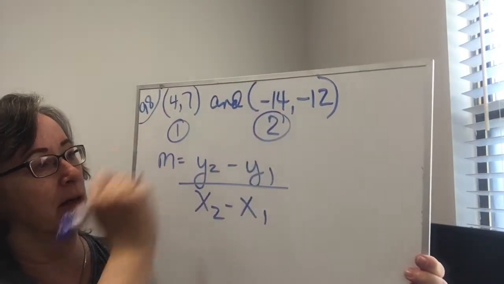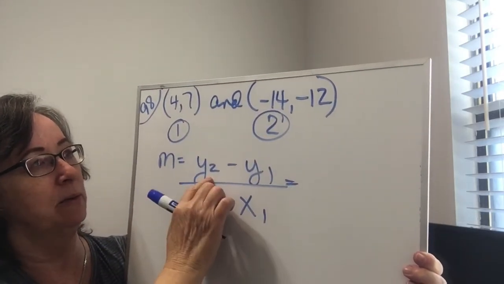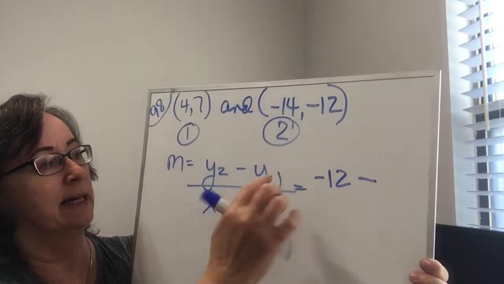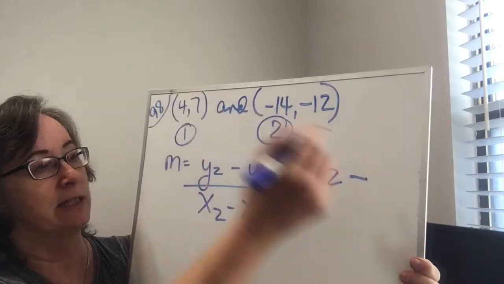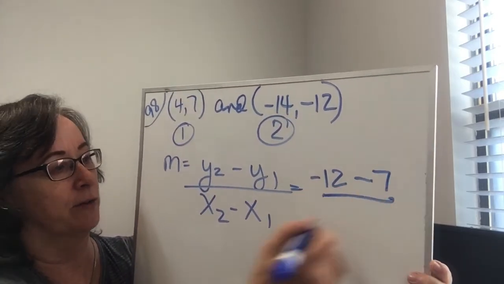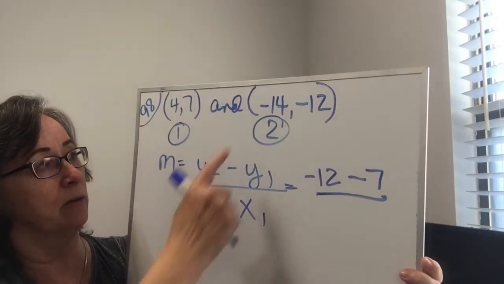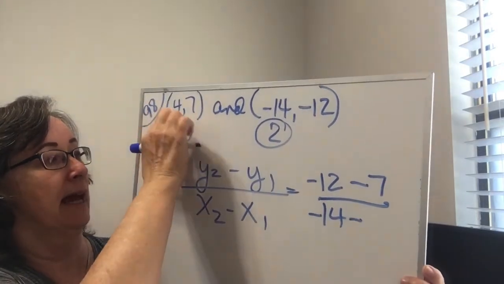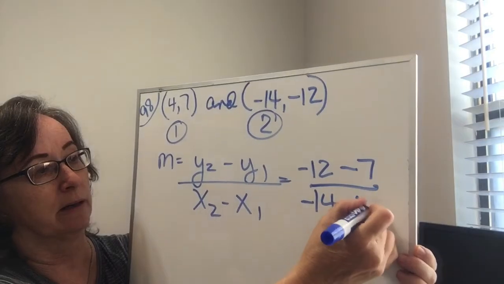All right, so now we're going to just let this one be point 1, let this one be point 2, and y2 is this one, so it's a negative 12, minus y1, which is 7, over x2, which is negative 14, minus x1, which is 4.